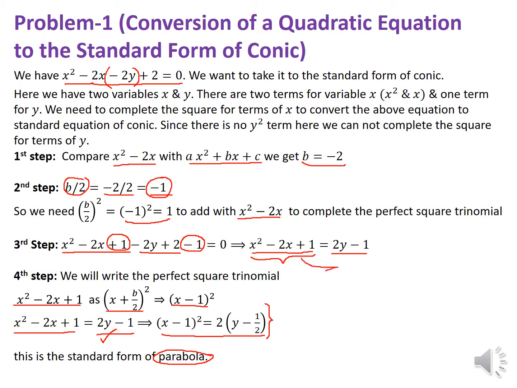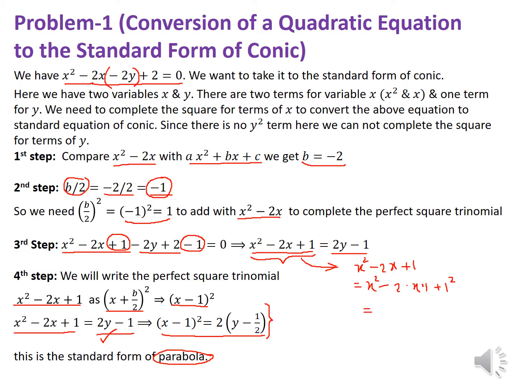Now actually from here we can see that we have x squared minus 2x plus 1. So actually we can write it again like this: x squared minus 2 into x into 1 plus 1 squared.